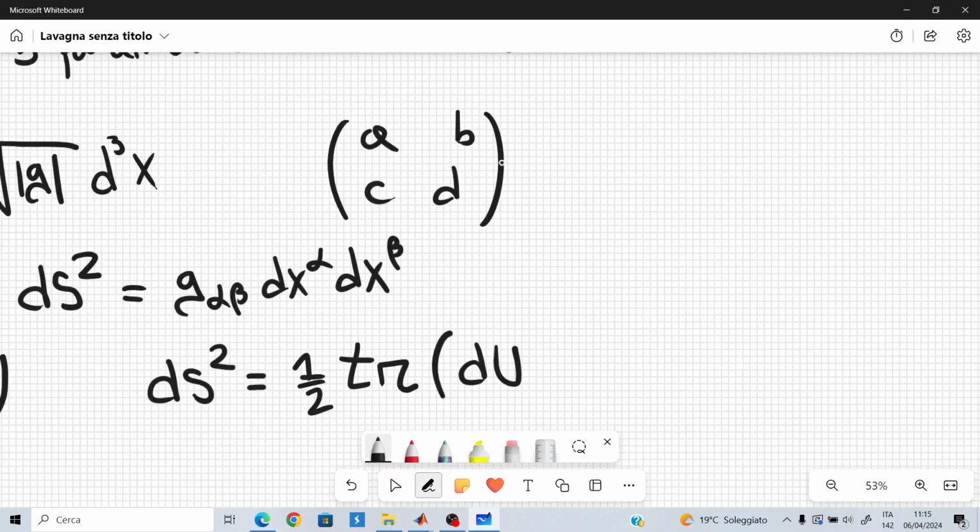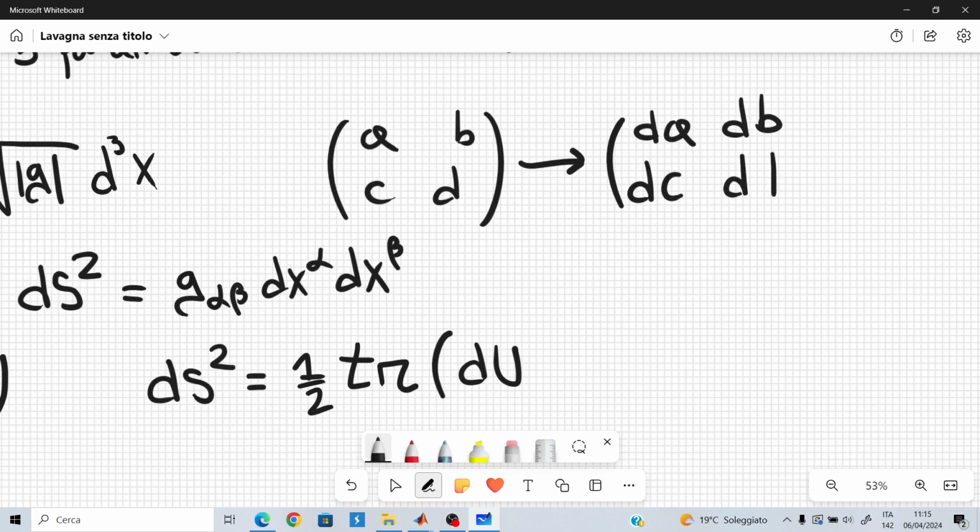If we take the differential of this matrix, we define the differential like this. So we take the differential of the first element, dA, then the differential of the second element, then we have dC and dD. So in this case, it's the differential of D, which, I mean, this is not really nice notation, but you should understand it.